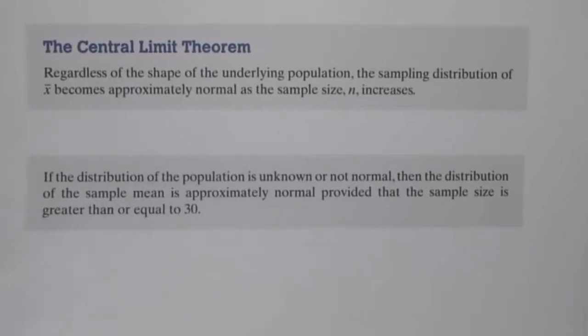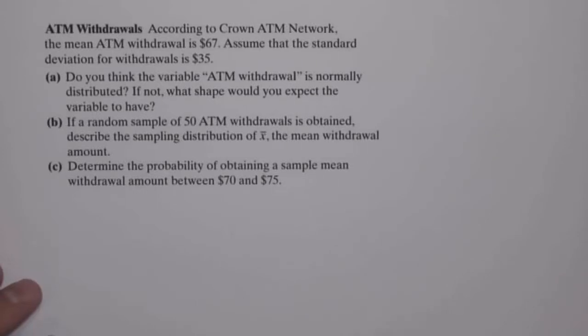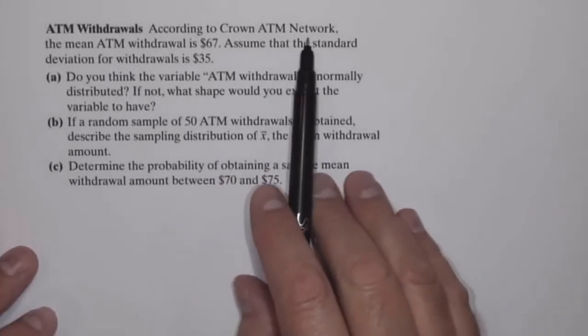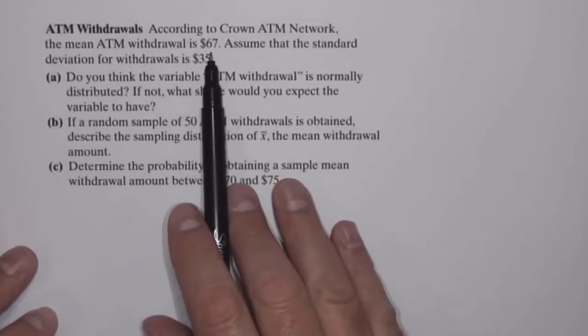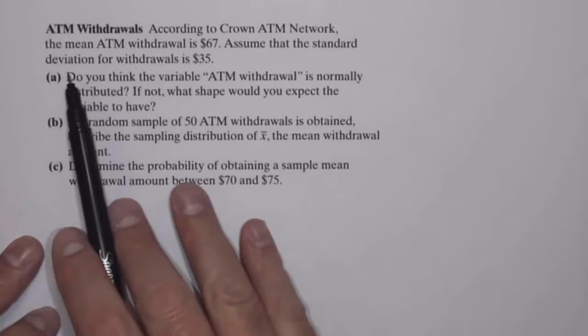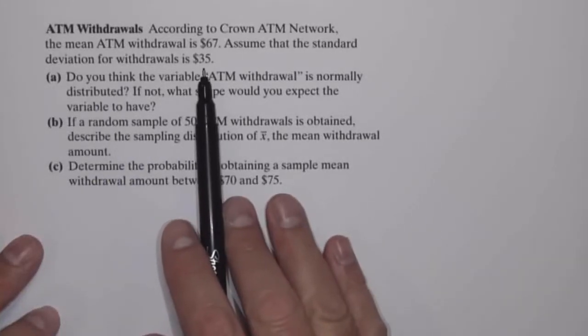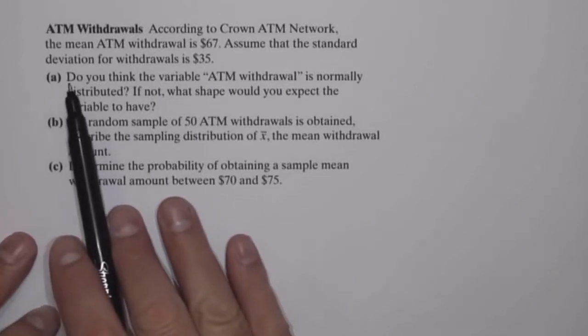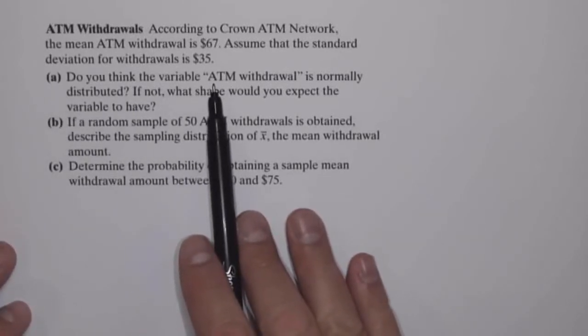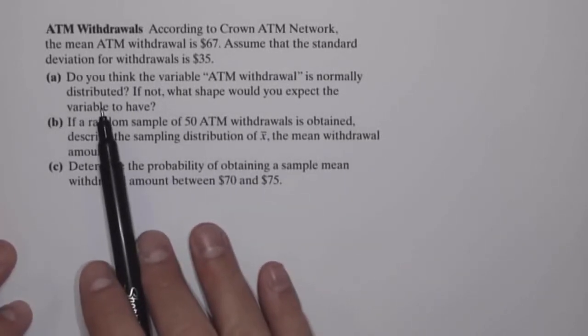Let's take a look at an example. ATM withdrawals. According to Crown ATM Network, the mean ATM withdrawal is $67. Assume that the standard deviation for withdrawals is $35. We have three parts. Part A, do you think the variable ATM withdrawal is normally distributed?